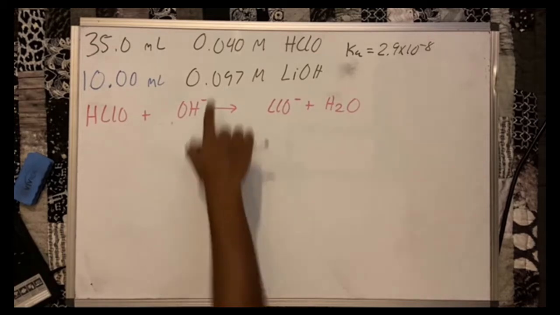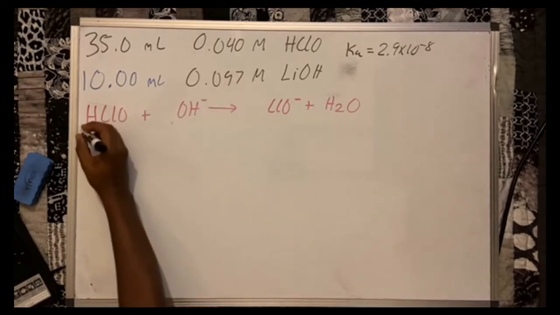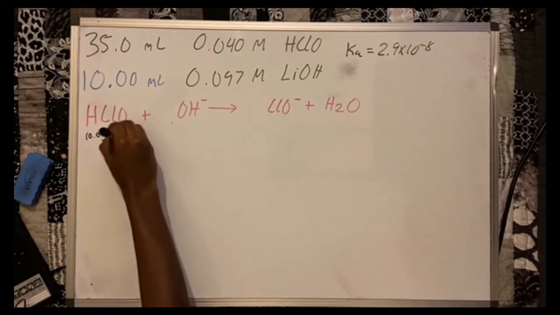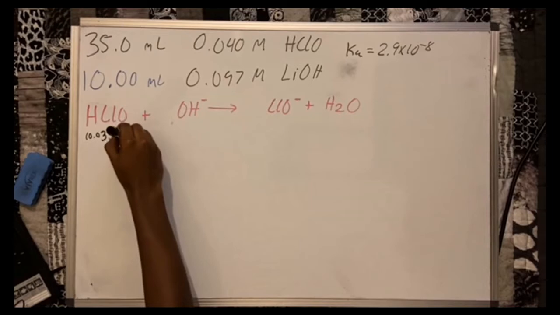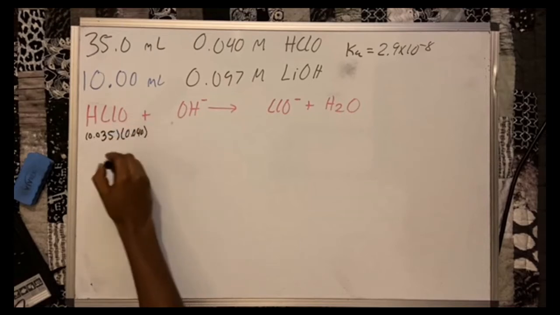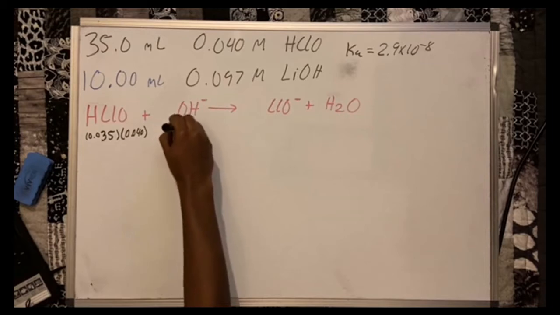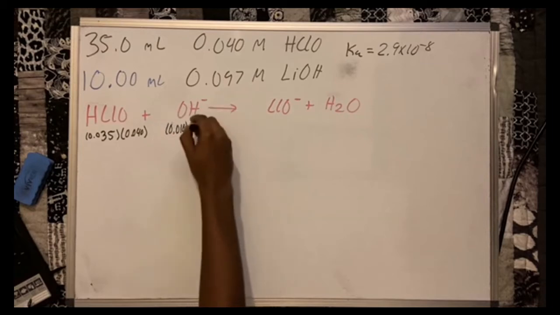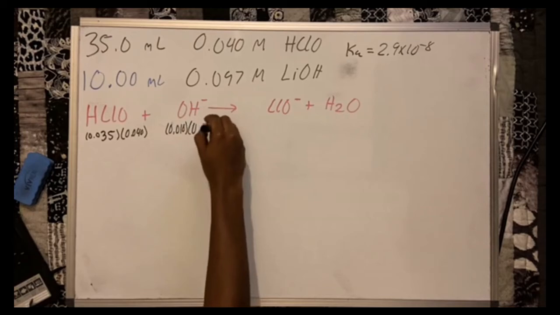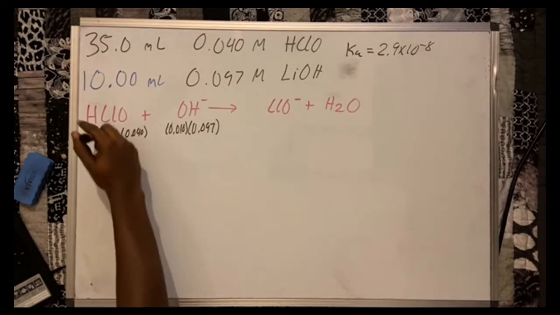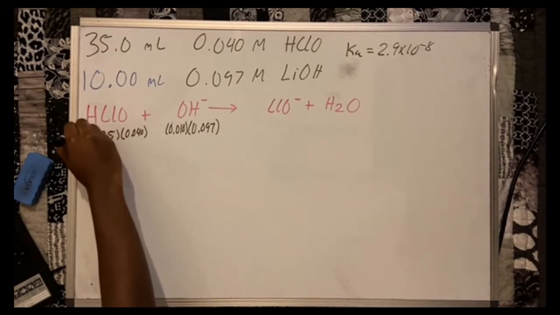So now we should calculate the moles of both of those. The moles of this is 0.035 liters times my 0.040. And then this one is 0.010 times my 0.097.